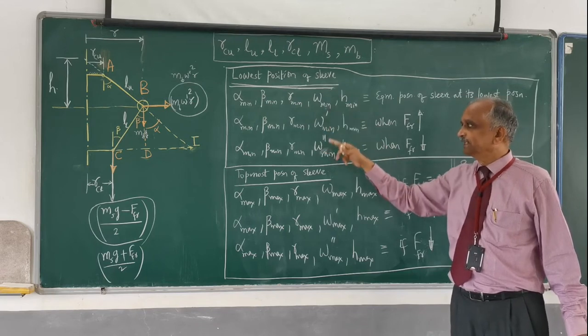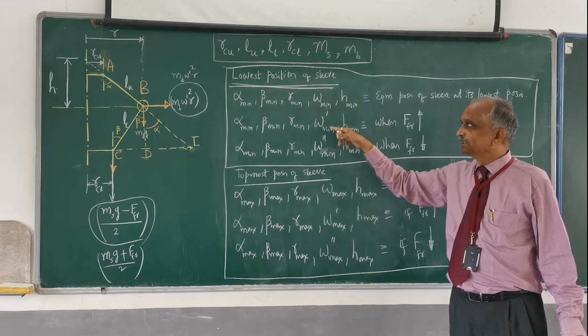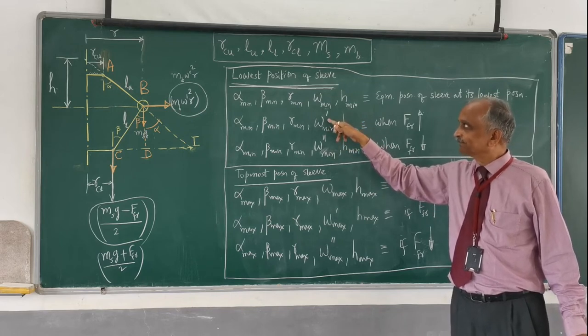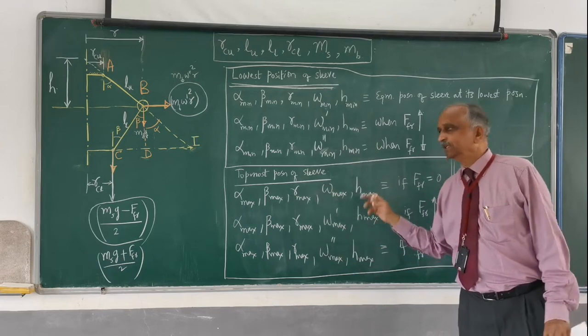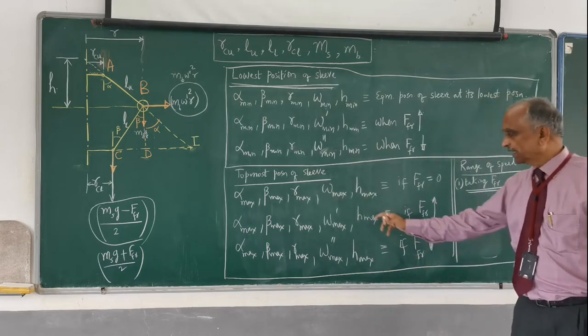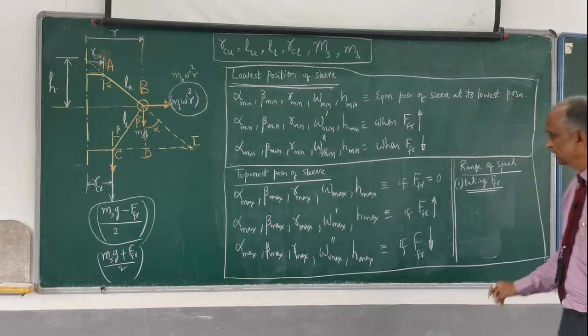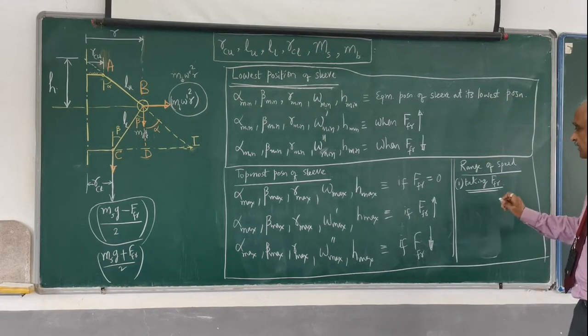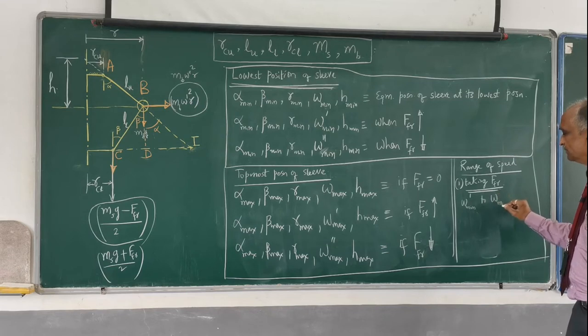So omega minimum dash is the lowest speed, and the maximum speed will occur when the sleeve is at the topmost position. And what is that speed? That is nothing but omega maximum double dash. The range of speed taking friction into account is omega minimum dash to omega maximum double dash.